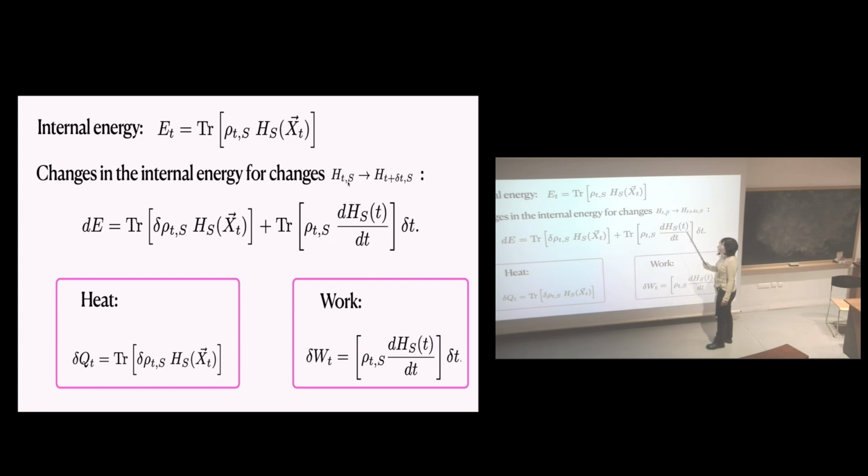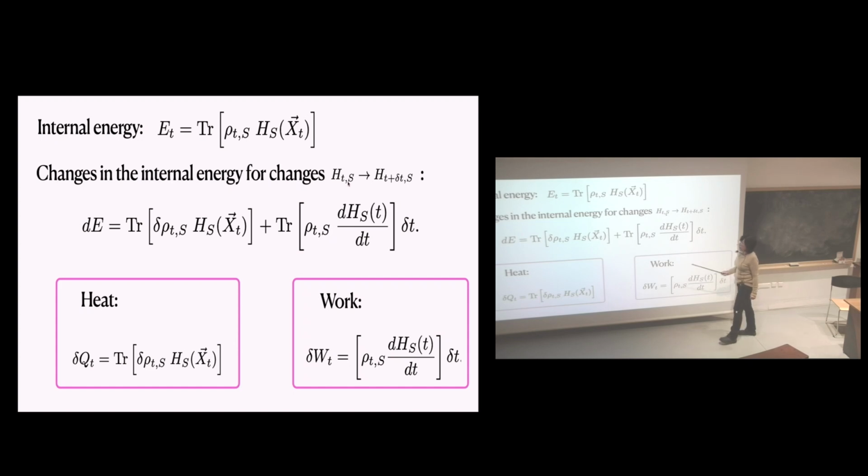So let's implement changes in this internal energy. As I said, in two ways: by changing the state and by changing the control parameters in a very small interval of time.